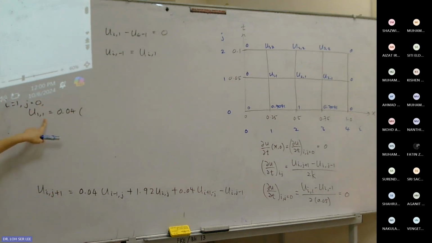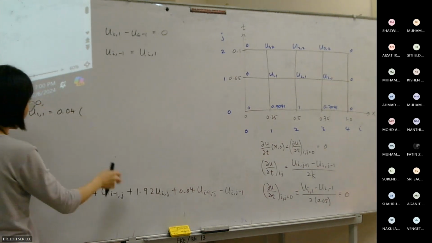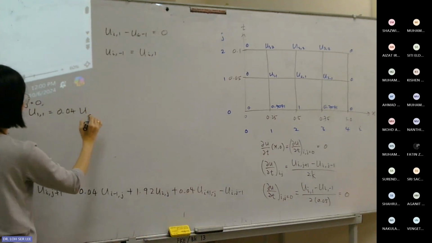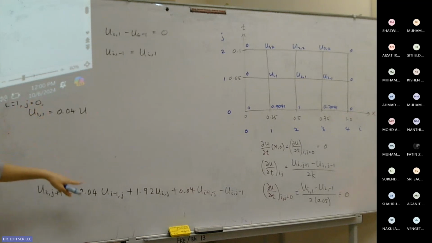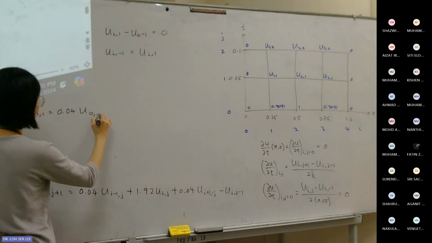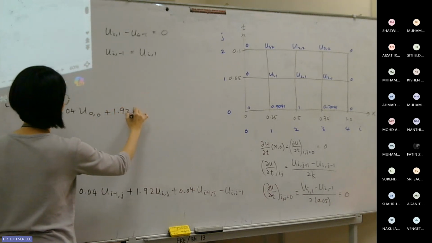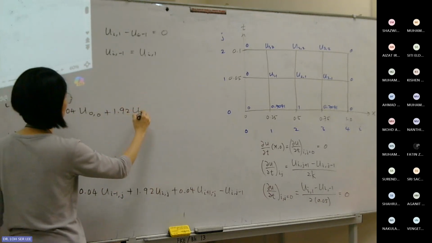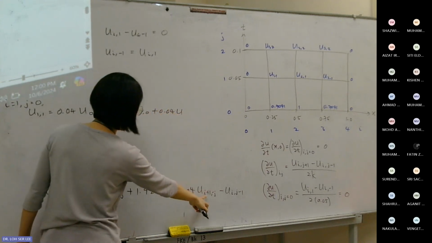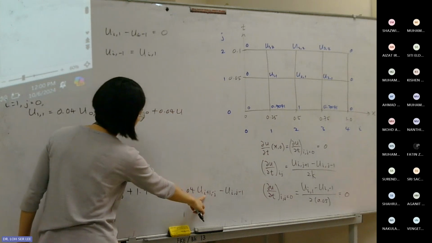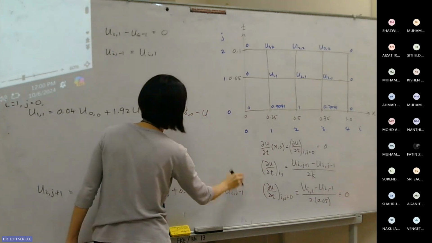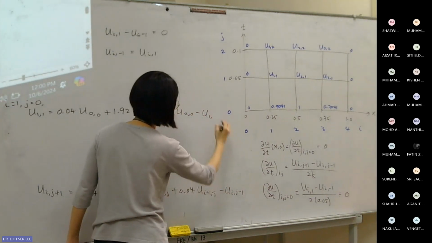So you have U11. 0.04 U, when you substitute this 1 and 0, 1 minus 1, 0. J, 0. IJ, 1, 0. I is 1. So you have 2, 0. I is 1, J is 0, that means minus 1.